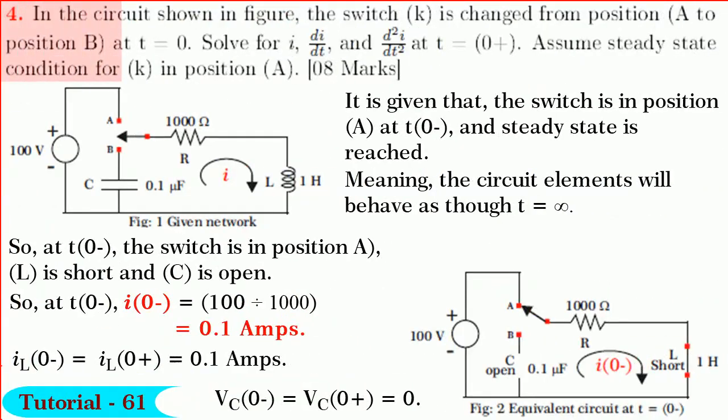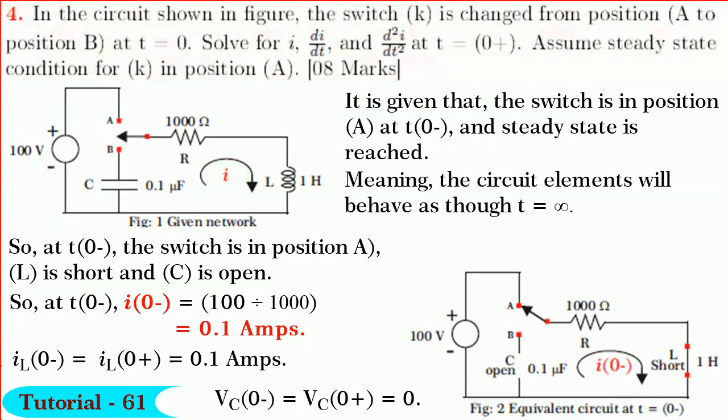Friends, next we shall solve question 4. In this question, we are required to find I0 plus, di by dt 0 plus and d squared I by dt square 0 plus when the switch is moved from position A to position B at t is equal to 0.